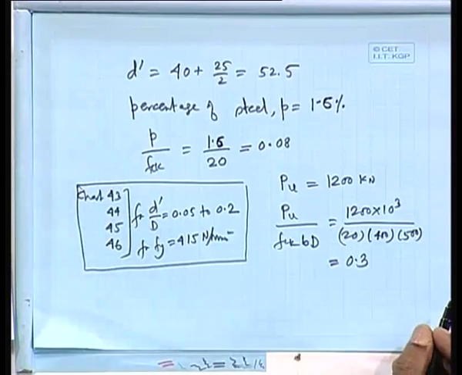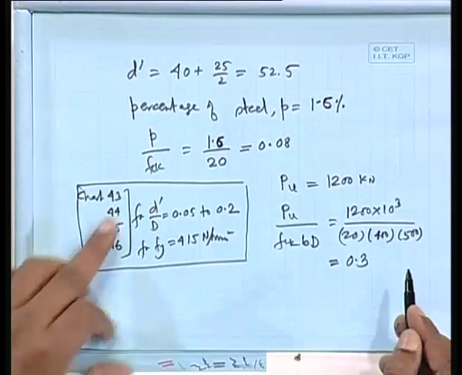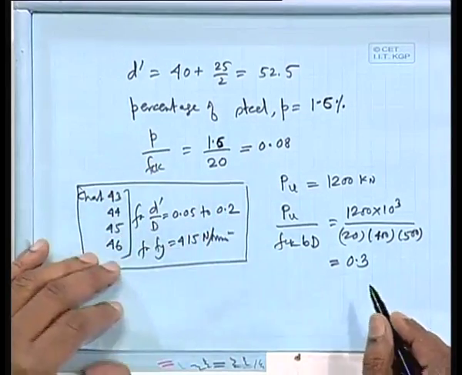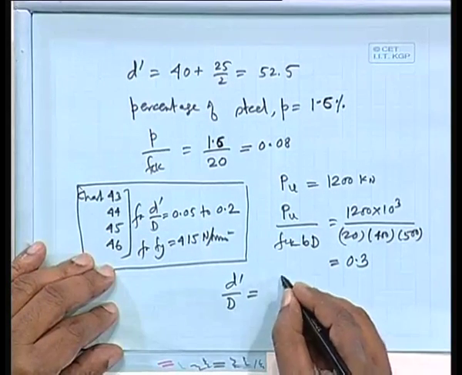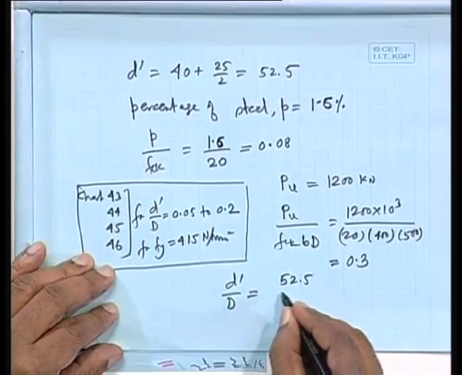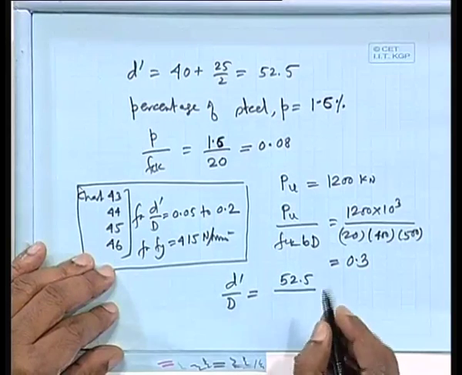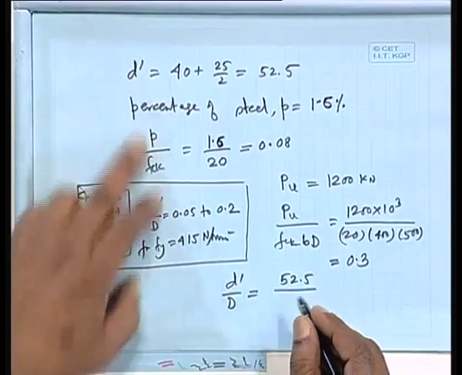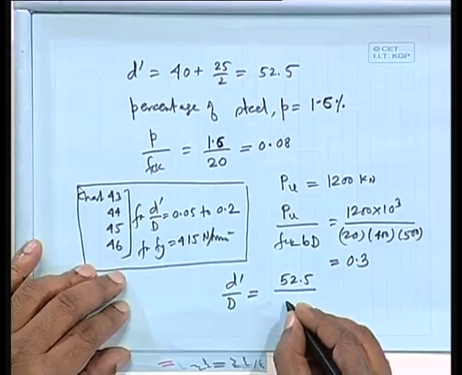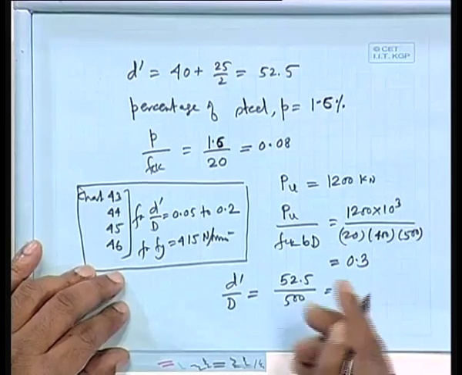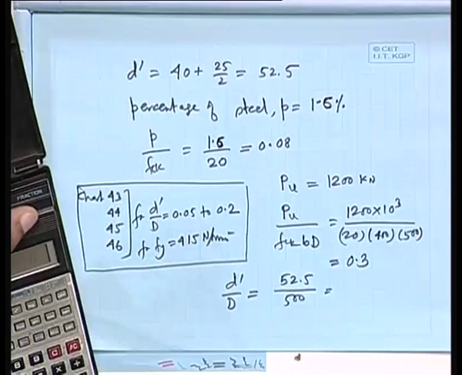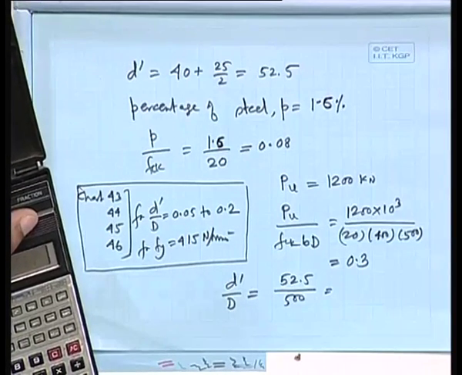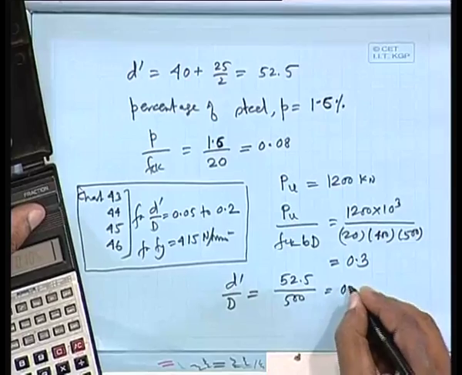So Pu by fck bD is coming 0.3 and p by fck 0.08. d dash by D is 52.5 divided by 500. One case d dash by b also will be there. There will be two cases. So 52.5 by 500, 0.105.